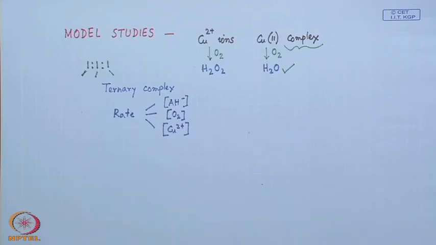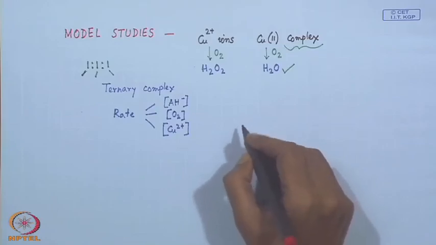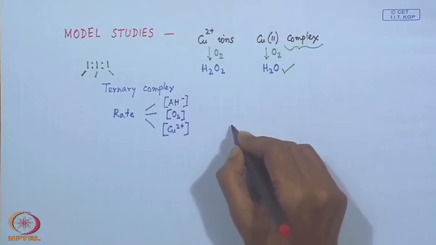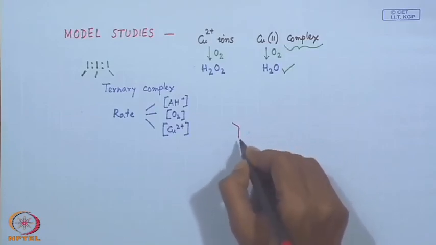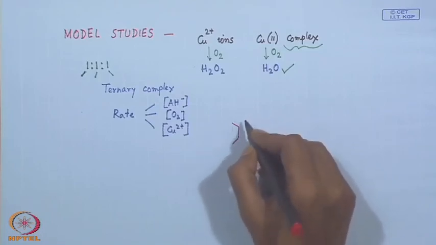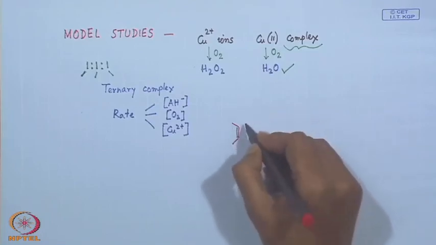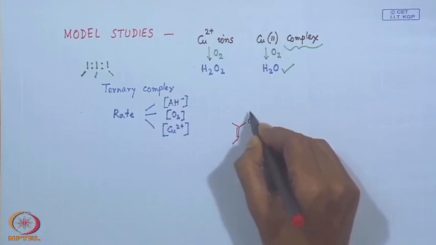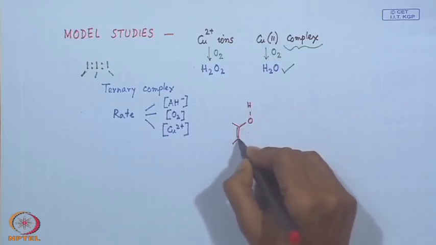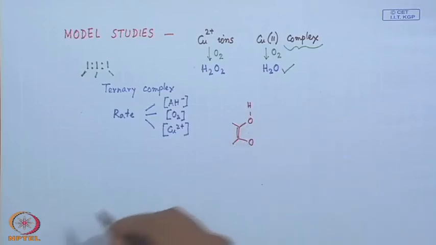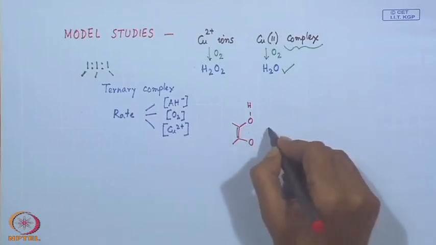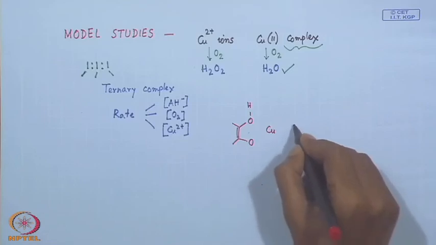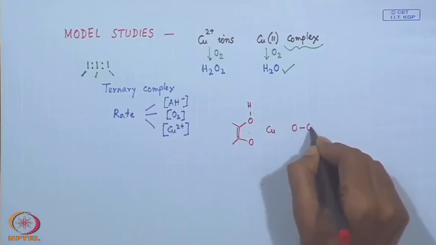So, what we get is that based on the ligand part, which is our substrate, this is basically reacting with your copper, and then the dioxygen.